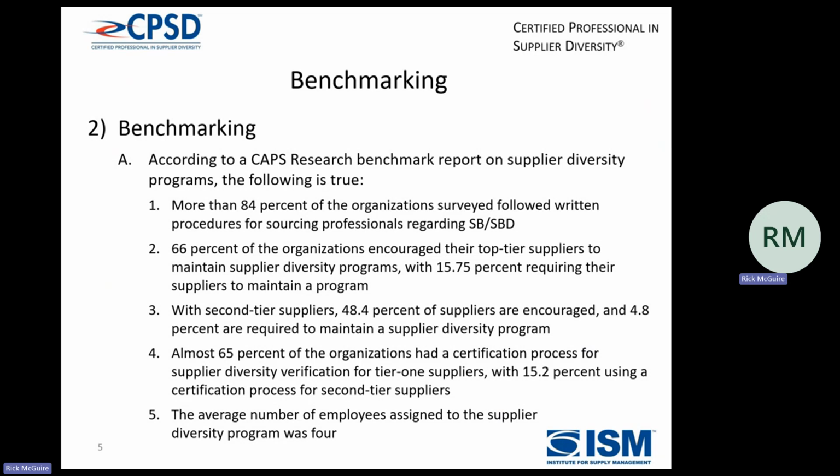That would be their tier ones, with 15% requiring their suppliers to maintain a program. So encouraged is 66%, required is just a little under 16%.